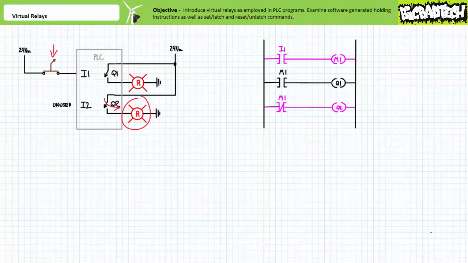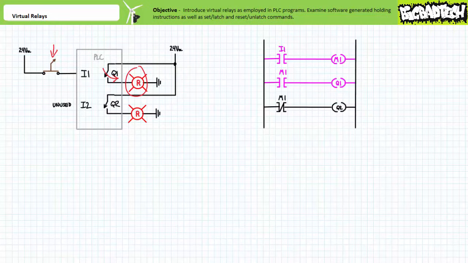The M1 virtual coil is energized. The make instruction examining M1 on rung 2 also permits logical continuity, and output Q1 is energized. In contrast, the break instruction examining M1 on rung 3 does not permit logical continuity, and output Q2 is deenergized. Pilot lamp 1 turns on, at the same time pilot lamp 2 turns off.